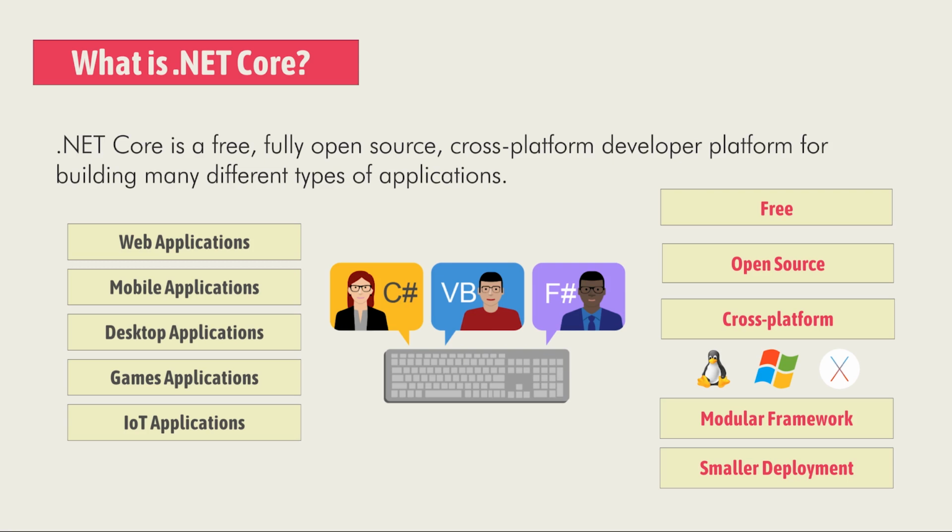One thing that I'd like to mention is the smaller deployment. Even in version 1.0, the size of .NET Core is a lot smaller than the .NET Framework. But you have to note that the overall size of .NET Core isn't intended to stay smaller than the .NET Framework over time.